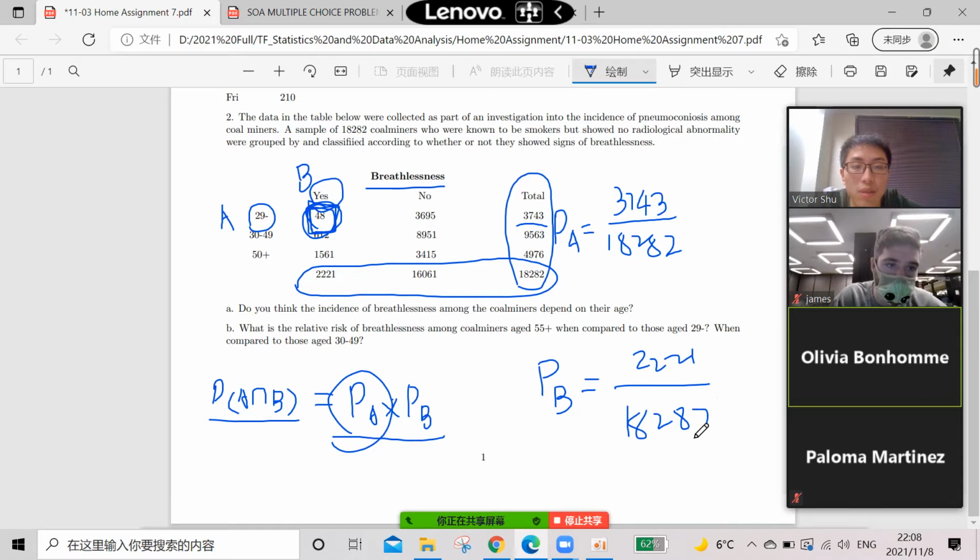Because there's only two results: I have breathlessness or I don't have breathlessness. Among them, 2,221 people have breathlessness. So if you ask a randomly selected person, the probability of having this problem is just 2,221 divided by the total number of people.